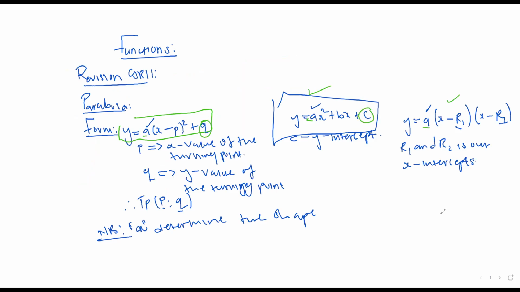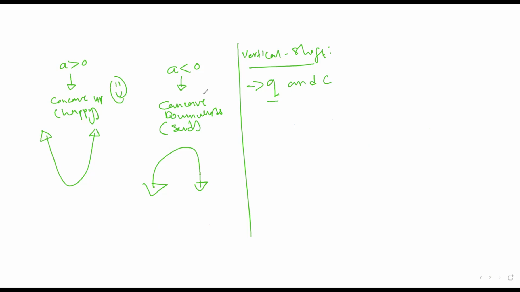If our q or our c is greater than 0, our graph shifts up.